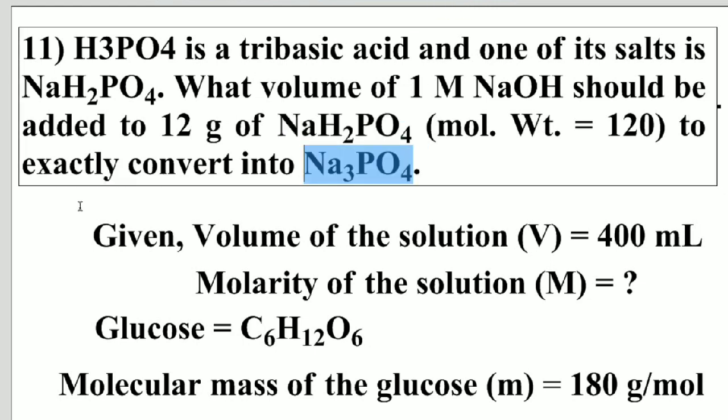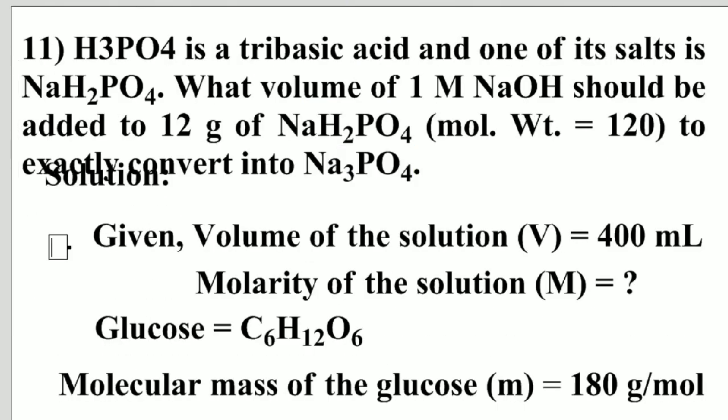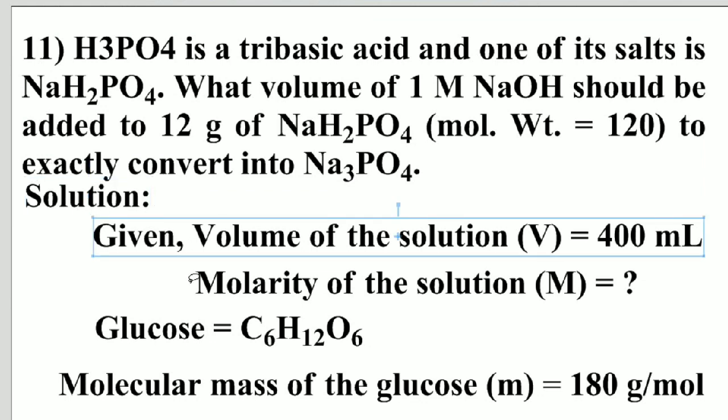Students, here first of all we should write the given equation.